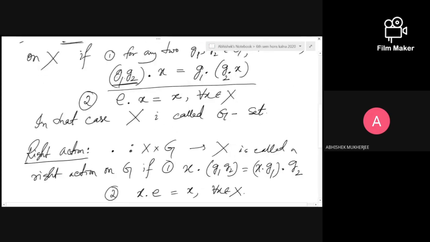Now I forgot to tell you that X is called a G-set, and we say that G acts on X from the left.